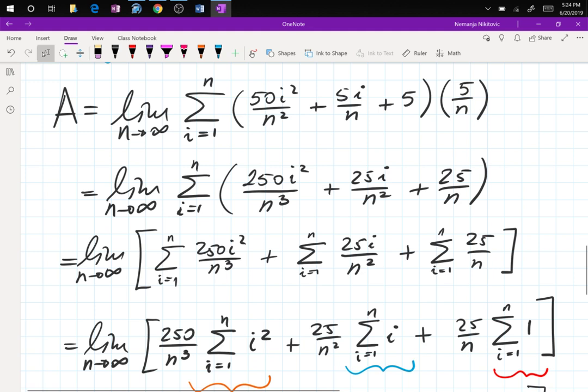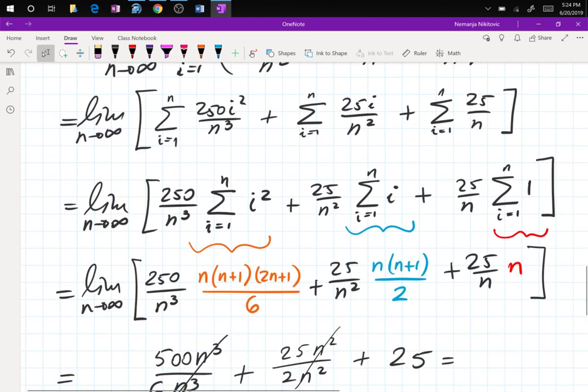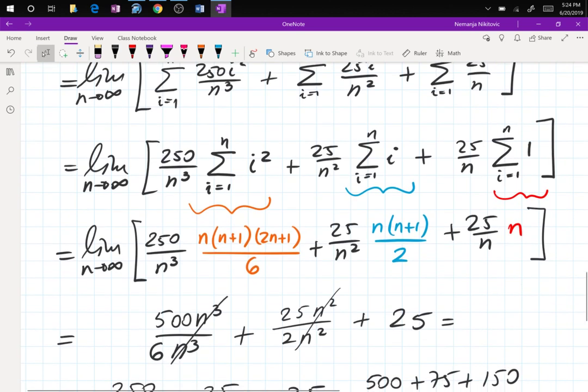Now once you are in the formula, you have the limit, you have the summation, you have your f of xi times dx. Distribute dx, separate the sums, kick the constants outside, and then use those formulas from the book to get rid of all of these summation symbols and turn them into these terms.